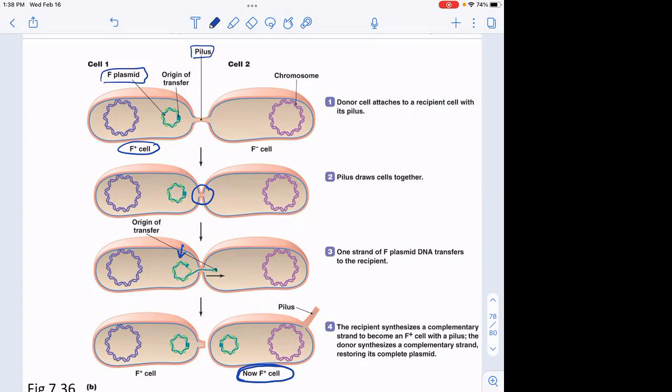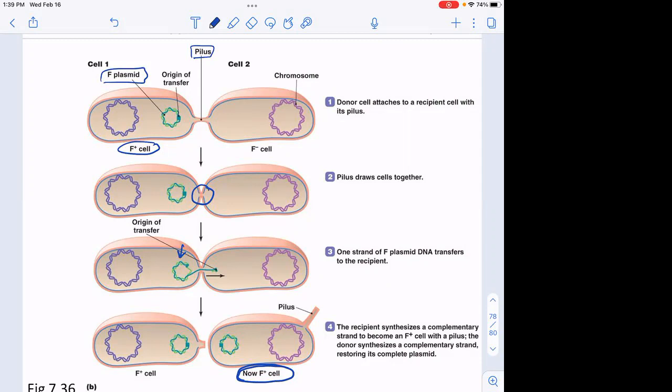We know that some cells are a little bit more promiscuous, you could say, doing this a lot, so they're sharing this with lots of other cells. It can be a cell of the same species or a cell of a different species. So we think that's how other plasmids get shared.